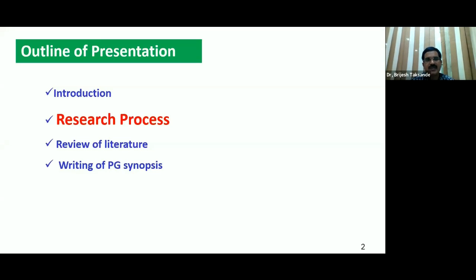So at the end of my presentation we'll see the different processes to write an effective PG synopsis. This is the overall outline of today's presentation. I must mention in the beginning that I will be confined very much to the research processes. Some part of it would be covered today and the remaining part would be covered in subsequent lectures.